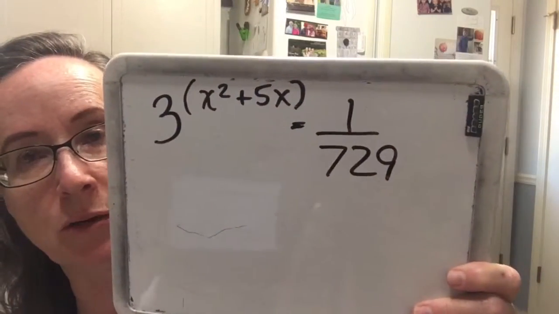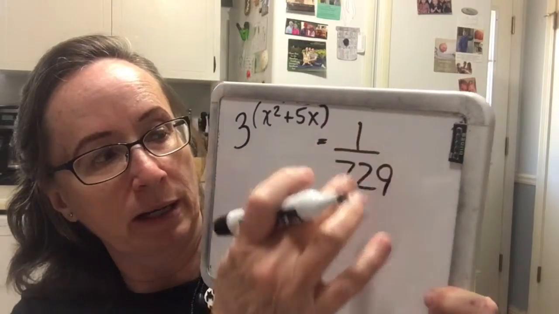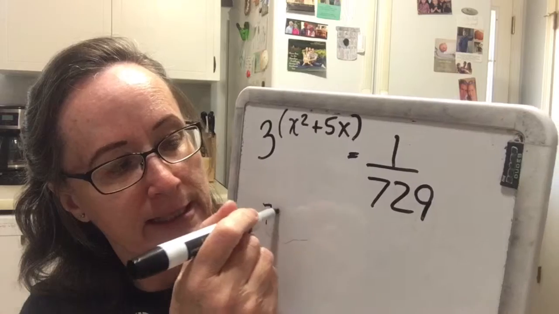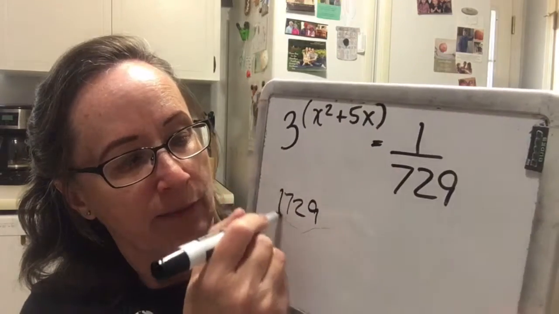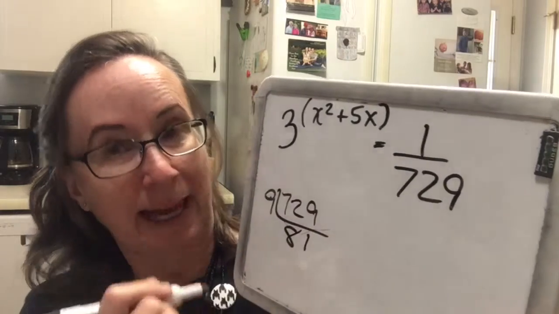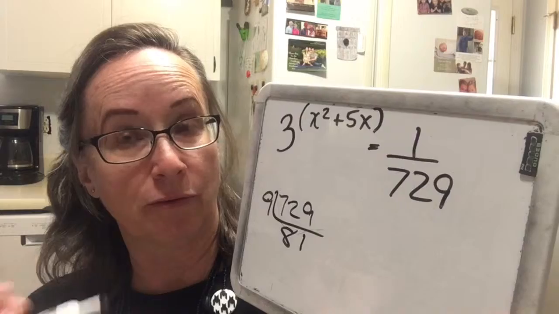Okay, this is number 2, and we have 3 raised to a power is 1 over 729. Well, 729 is a big number, but if you look at it, 729 divided by 9 is going to be 81, and 81 is 3 to the 4th power.